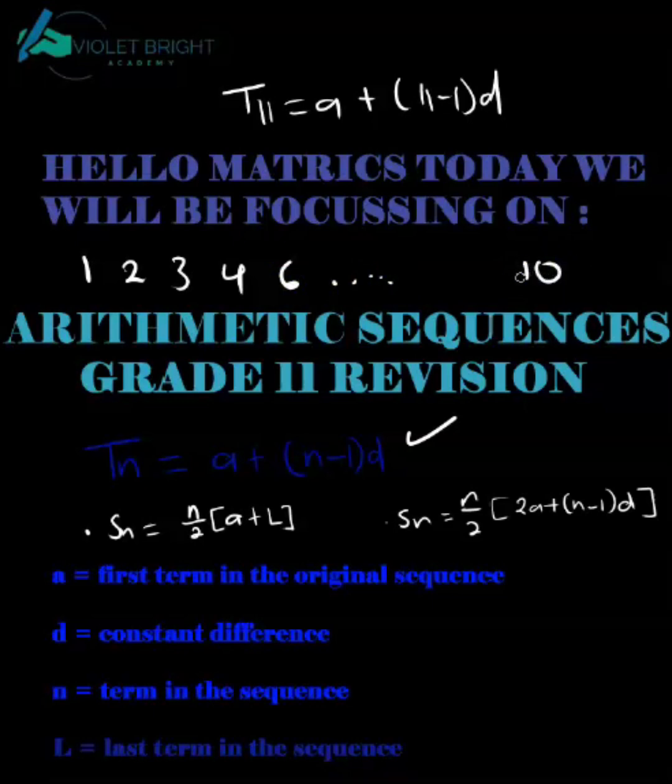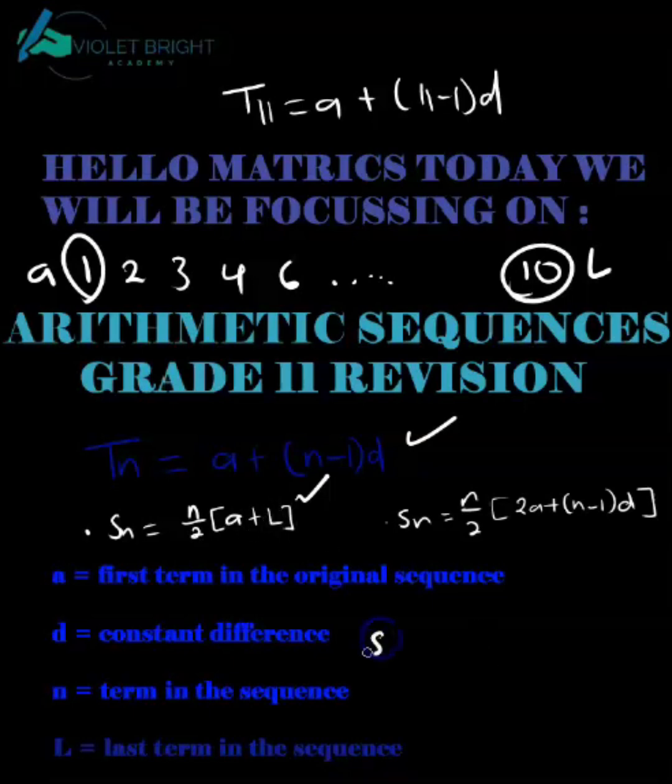So you all know that the first term in the sequence, a, is 1, and 10 is the last term in the sequence. So basically you can use this to find the sum of all the terms in the sequence. You only use this one whenever you are given the last term in the sequence.